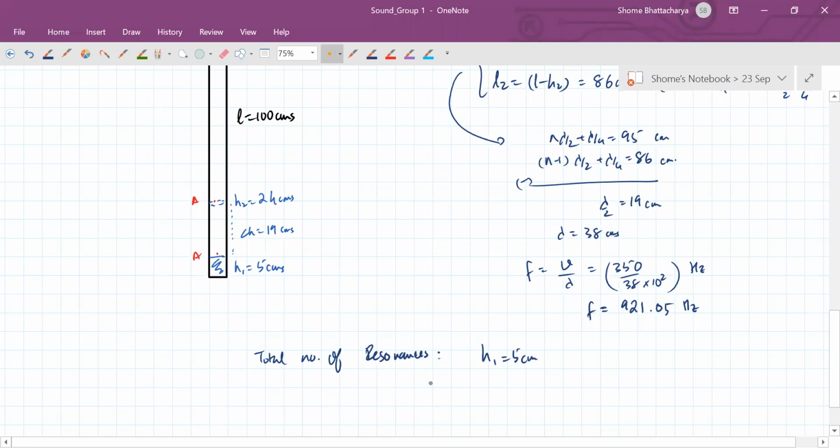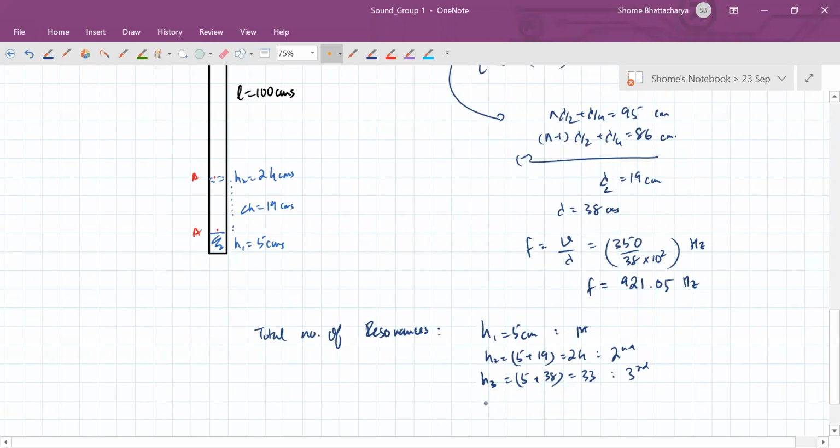The second one was at 5 plus 19, 24 centimeters. Third one will be at 5 plus 38, so that is 33 centimeters.